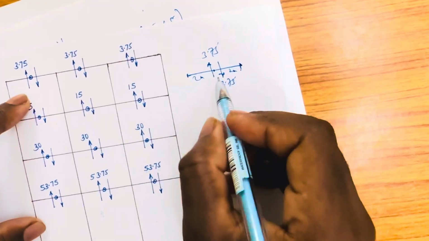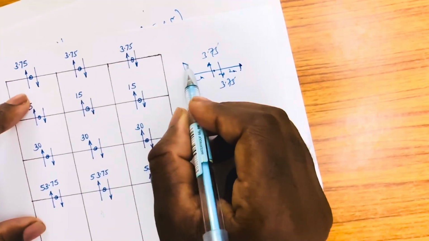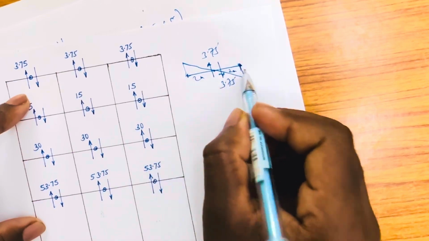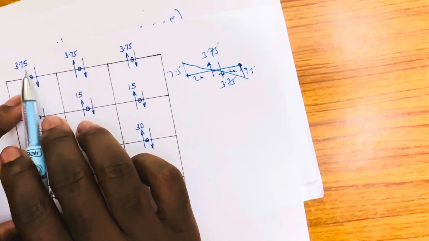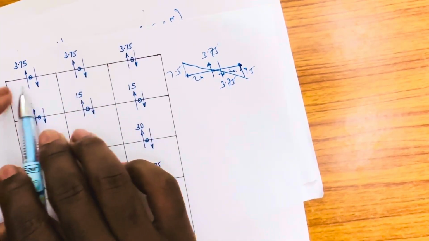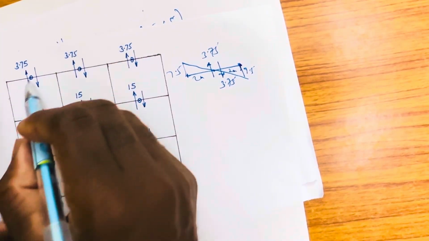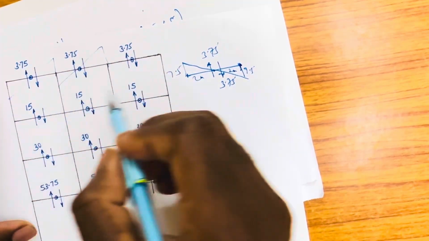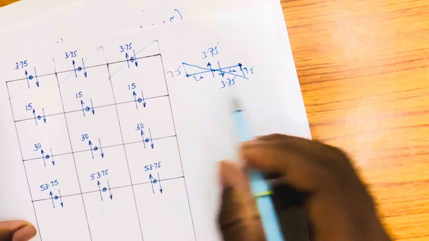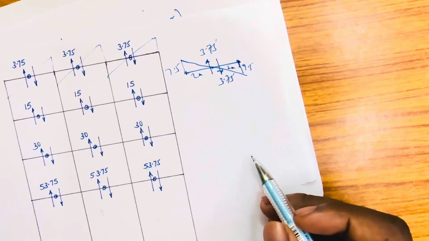So this part goes up like this, then this part goes across like this. This is 7.5, this is 7.5. That is for this beam. Since this is the same, all of them you have to sketch like that. All of them will be the same answer: 7.5, 7.5, 7.5, 7.5.